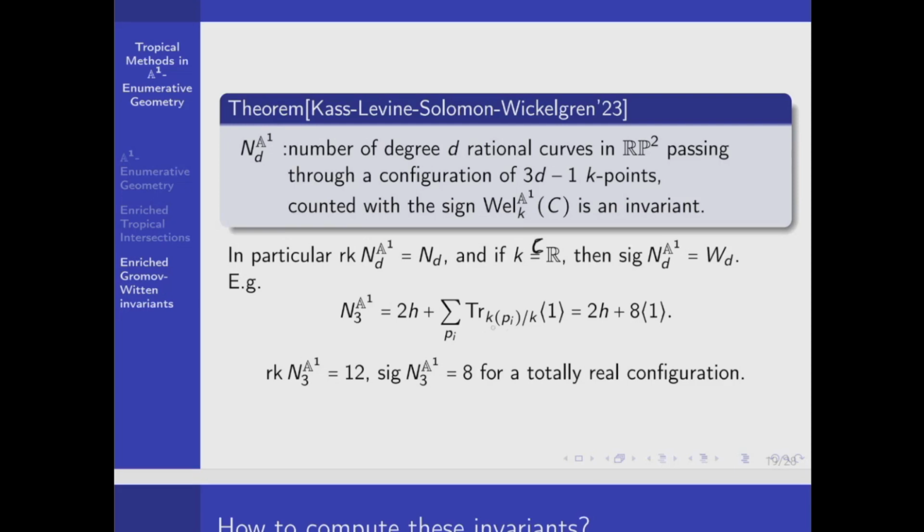If they're all K points, then the trace is trivial, right? A K point means that the field of definition is K, and the trace from K to K is the identity. So in that case, we have 2h plus 1. Then we can remark that the rank is 12, because h is a form of rank 2, and the signature is 8, because the signature of h is 0.